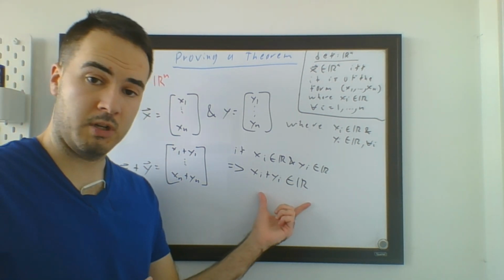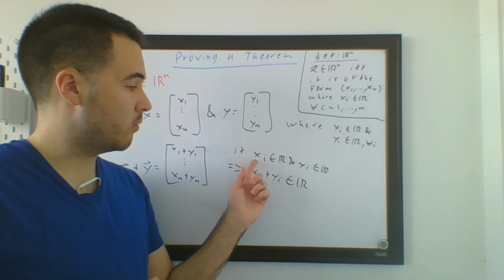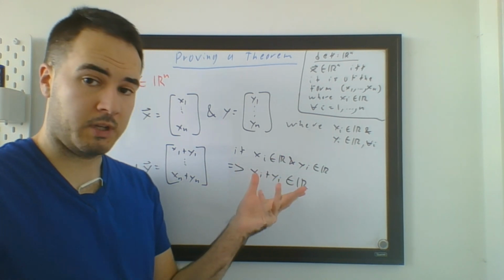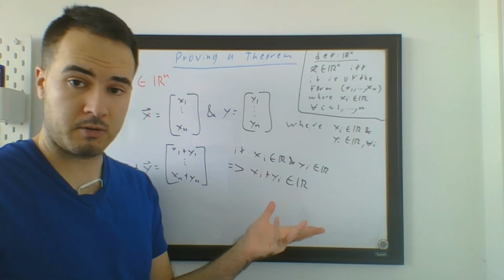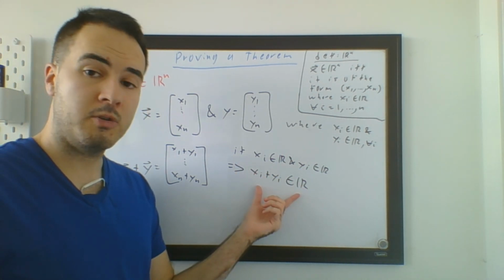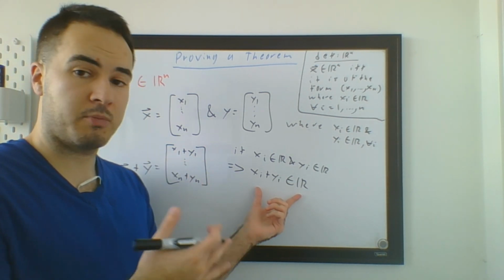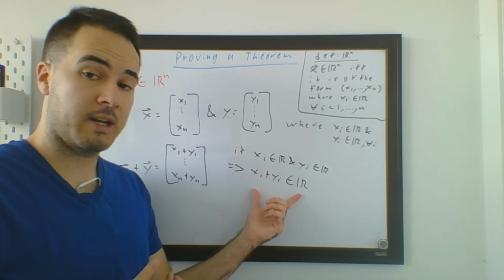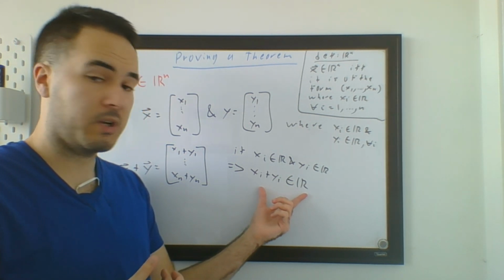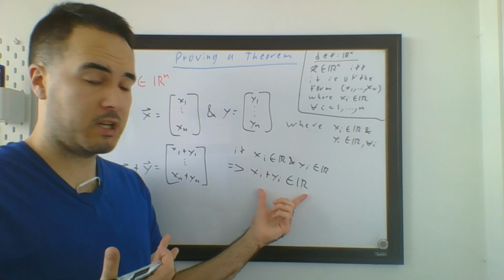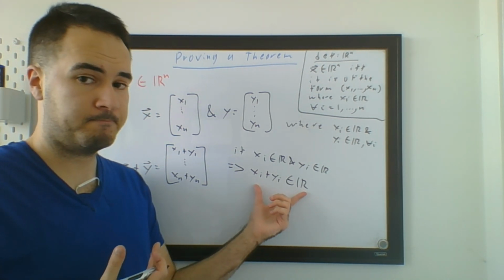This is something you would learn in high school, right? If I take 1 and 2, they're both real numbers. So when I add them together, that's also a real number. You are allowed to use these in the scope of your linear algebra course, as long as it's stuff you learned in high school, right? Anything to do with real numbers, addition, subtraction, multiplication, you can do these without explaining.